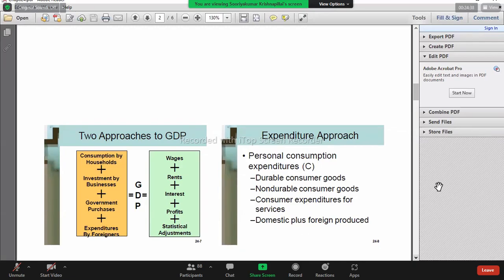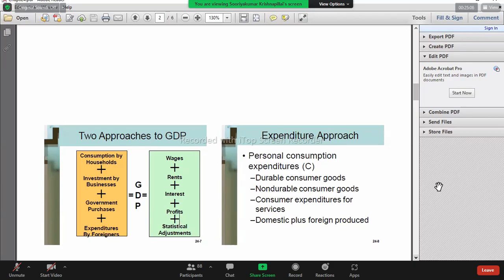So our consumption expenditure includes foreign products also, and domestically produced products we also consume, but we should value only domestically produced goods and services for the GDP.